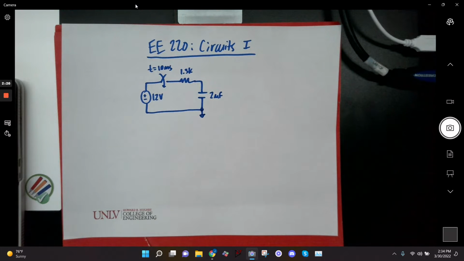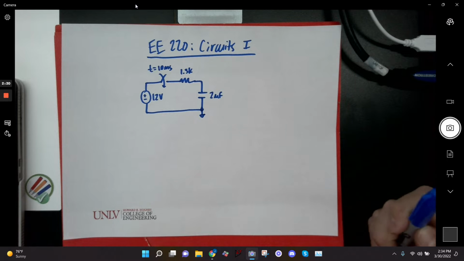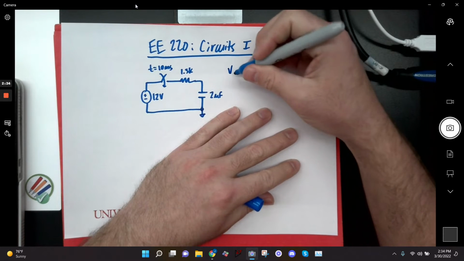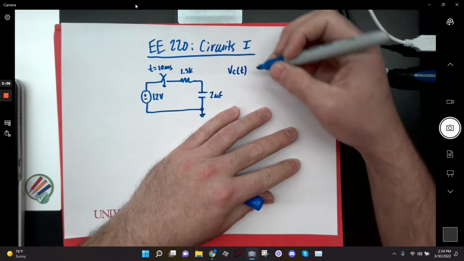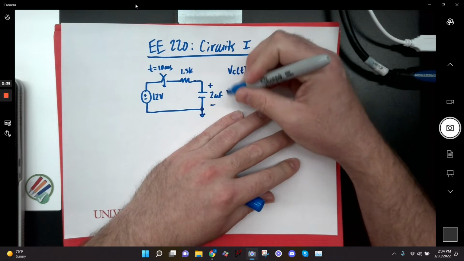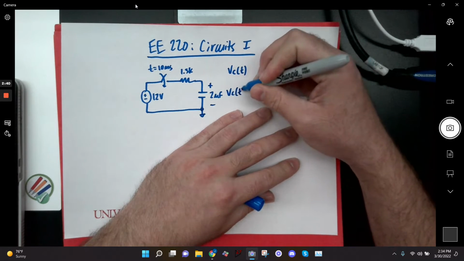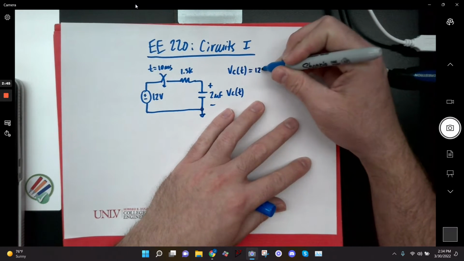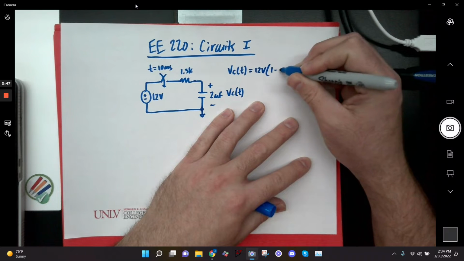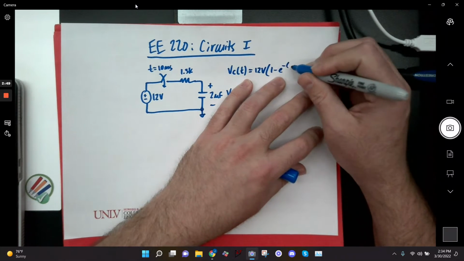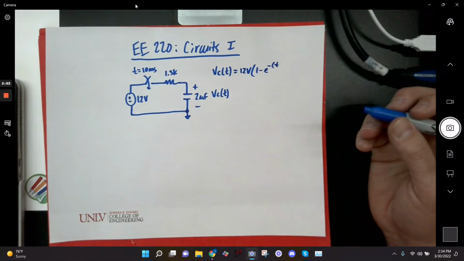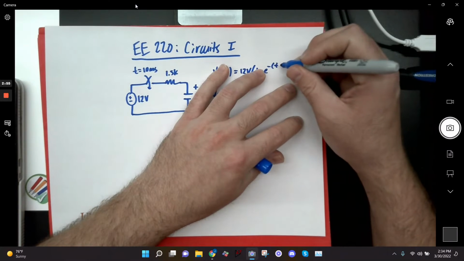So my switch closes at time t equals 10 milliseconds, and my capacitor starts charging, right? It starts charging based on the charging equation, which says the voltage across the capacitor, let's call that Vc of t, is equal to my 12 volts times 1 minus e to the minus (t minus 10 milliseconds), because that's when it actually starts charging.